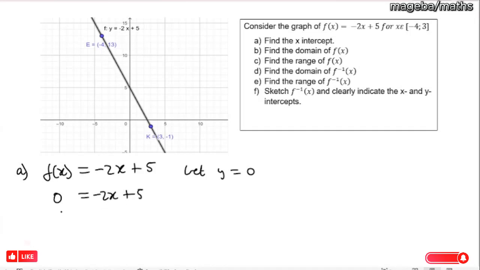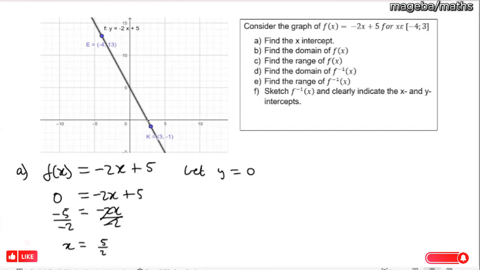Now finding x, take 5 to the other side, it's going to be negative 5 equals negative 2x. Now divide by negative 2, and these cancel each other, meaning my x-intercept is going to be 5 over 2.